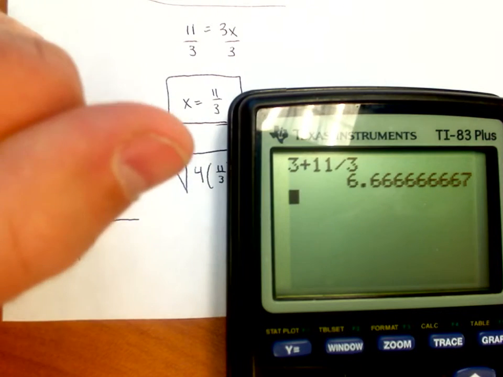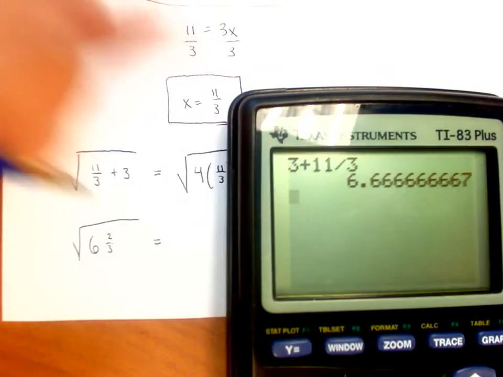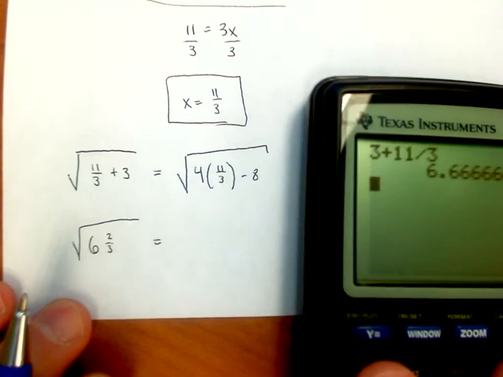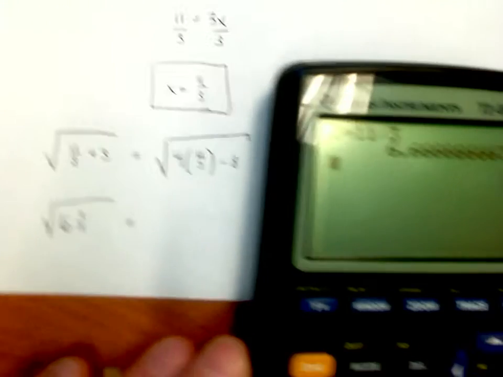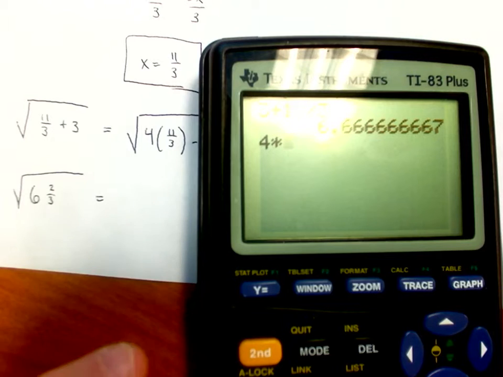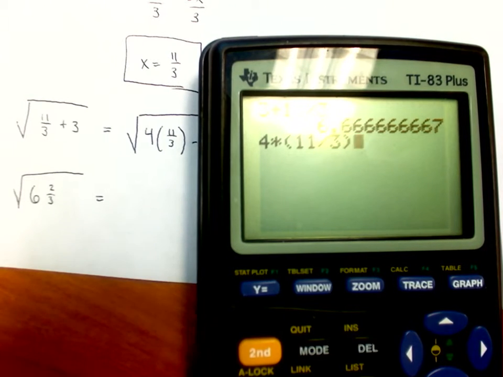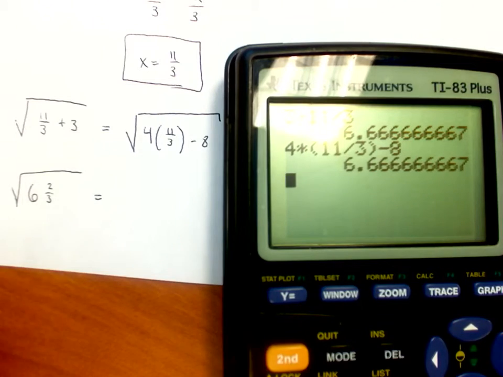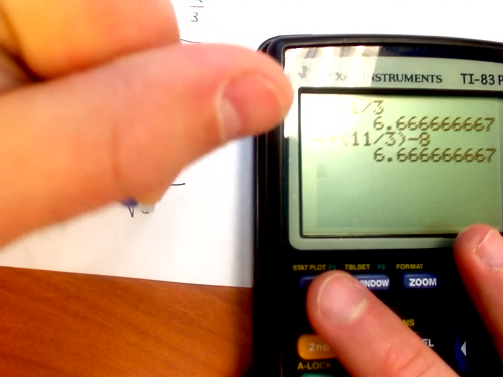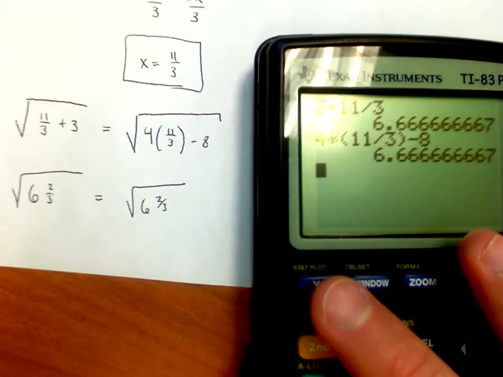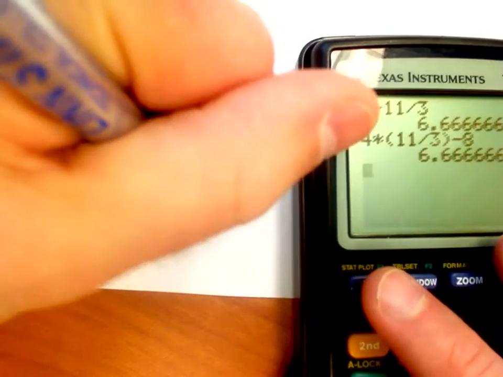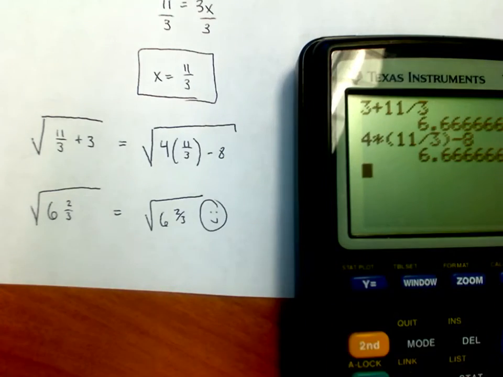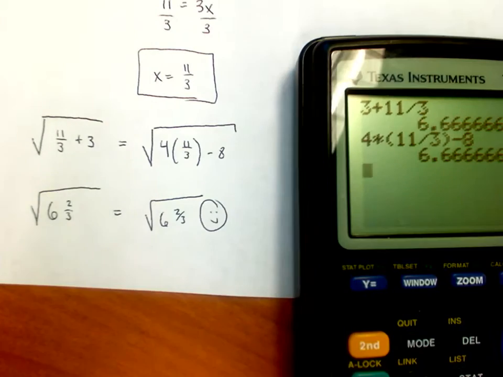That's the square root of 6 and 2 thirds, or 6.6 repeating. If I take 4 times 11 thirds, and then I subtract 8, that also gives me 6 and 2 thirds. How about that? So we know that the square root of 6 and 2 thirds is equal to the square root of 6 and 2 thirds, so everything is good there. That's the answer. 11 thirds is an answer, and it works out.